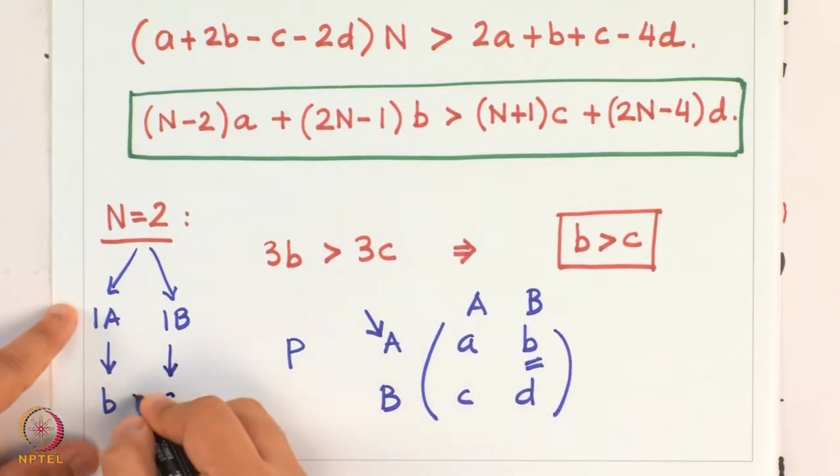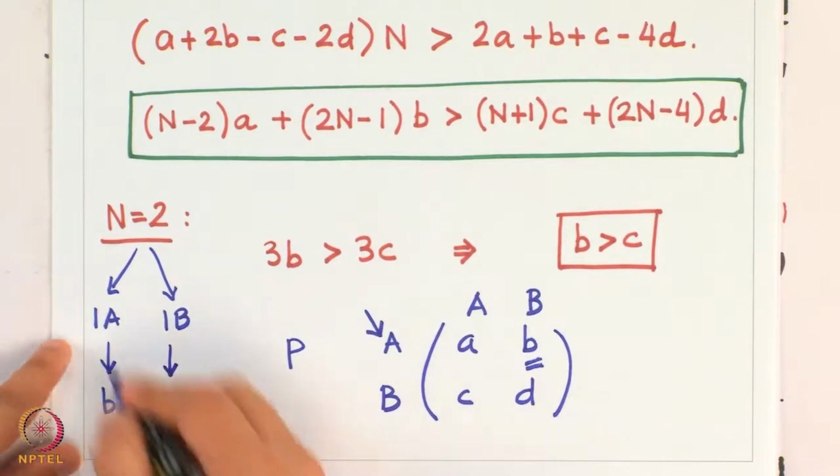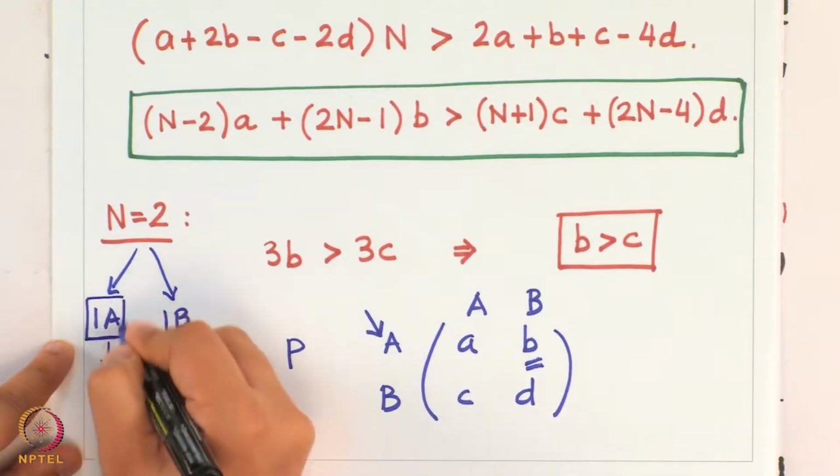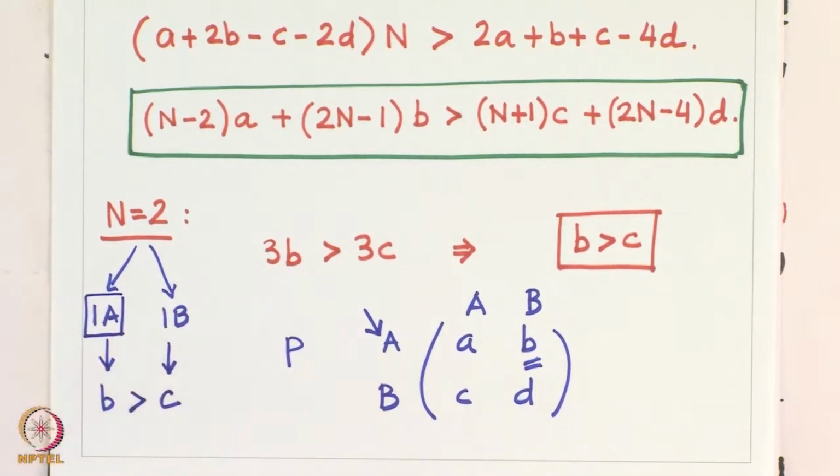And if you have the condition that B is greater than C, that means an A individual is going to do better as compared to a B individual, and hence there is a greater likelihood of this A individual going to fixation as compared to the B individual. So you can see that there is a very nice connect between how you would anticipate growth rates when these growth rates are plugged into this payoff matrix, and what you arrive at in terms of the analysis that we have just done.